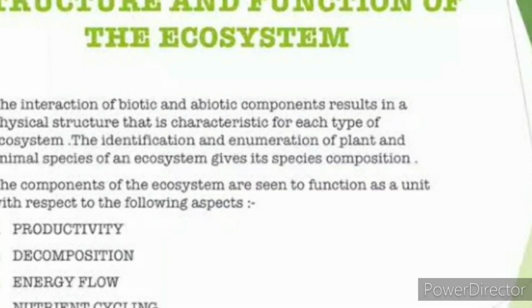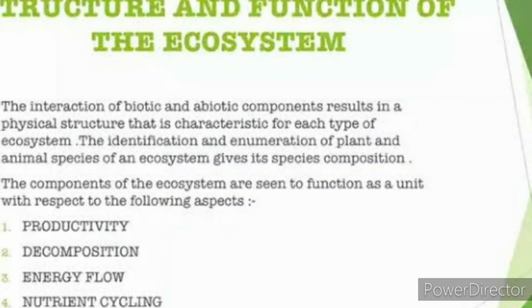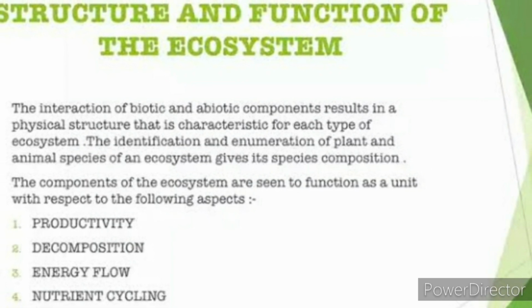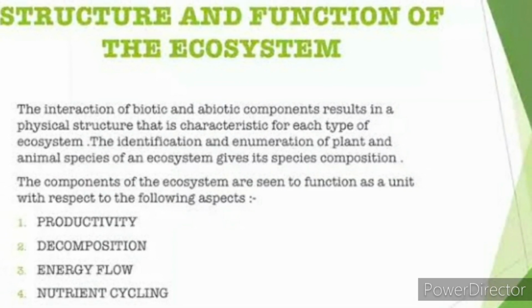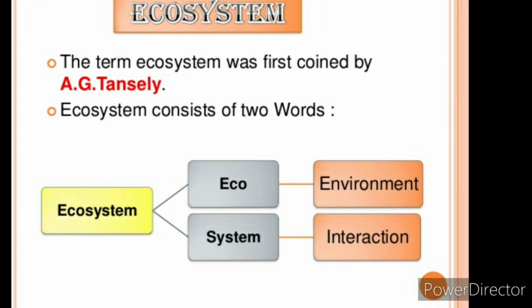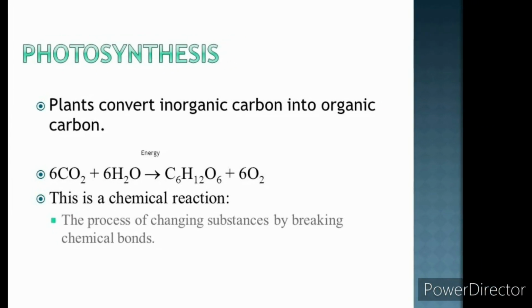Four factors are important for an ecosystem to function as a unit. First one is productivity, second one decomposition, third one energy flow, fourth one nutrient cycling. And the function of an ecosystem is the conversion of inorganic into organic substances by following three steps.